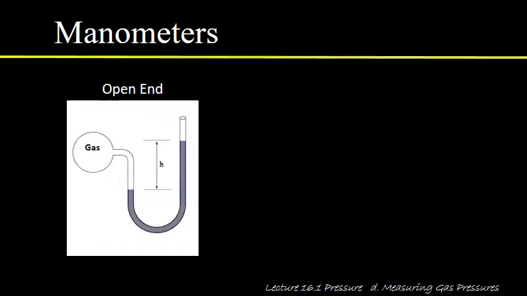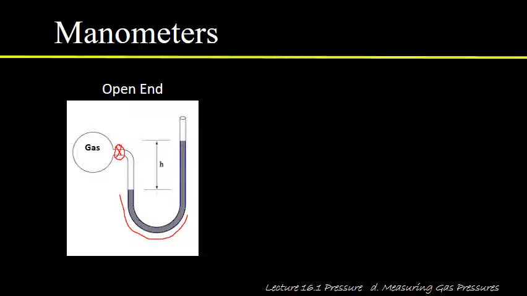All right, so this is a manometer, and basically it's just a U-shaped tube that's full of mercury, and this diagram doesn't have it, but there's a little valve here.